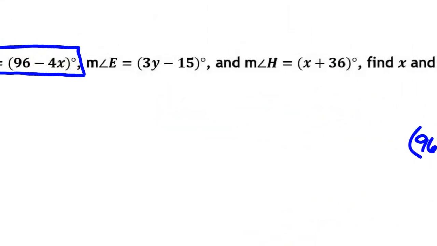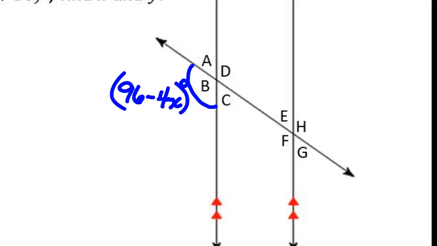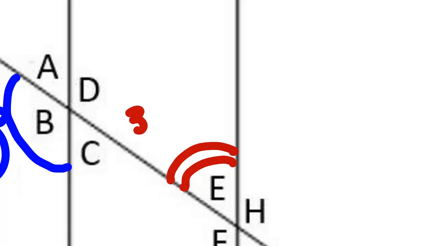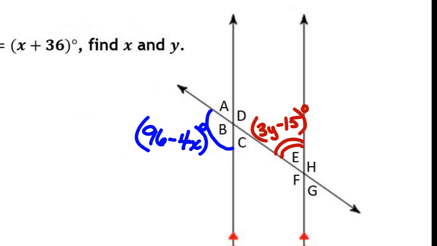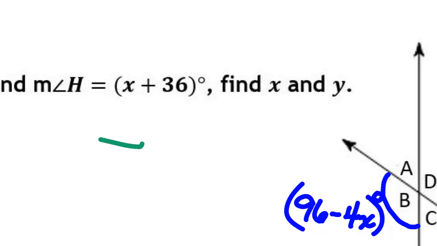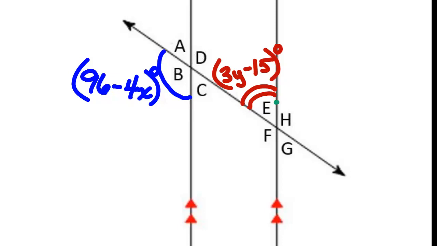The measurement of angle E is 3y minus 15, right here. And finally, we are told that the measurement of angle H is x plus 36. So this guy over here. We're supposed to find both x and y.